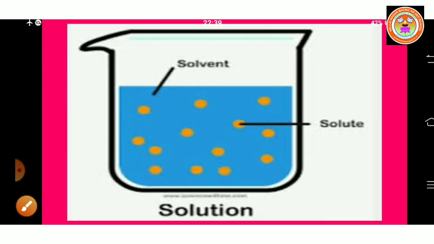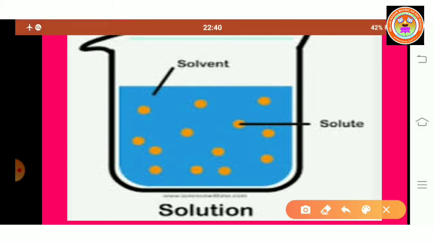In a solution, the component which is present in lesser amount by weight is called solute. And the component which is present in larger amount by weight is called solvent.